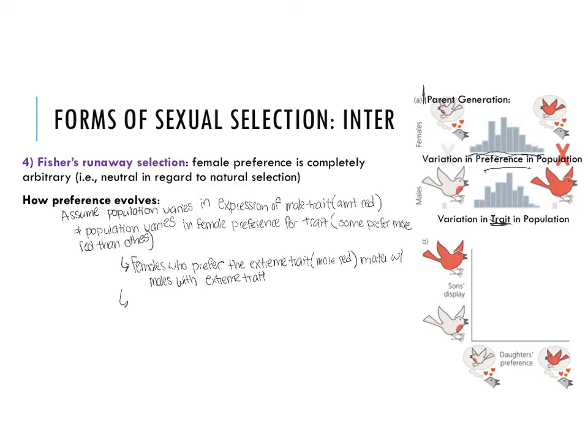And females who prefer minimal trait mate with males with minimal trait. So I want you to see if you can think through the implications of this sort of assortative mating. All right, so a couple questions are going to pop up. Let's see how you do on them. All right, good luck.